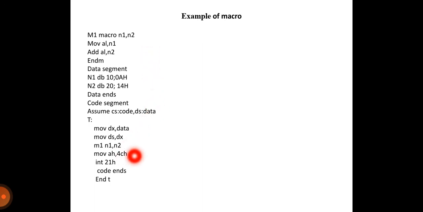Whenever I call this macro, I write the macro name m1 n1, n2, with the parameters n1 and n2 from the data segment, 10 and 20. So m1 gets called, n1 is transferred to al, n2 is added to al, and the addition is stored in the al register, that is 30.